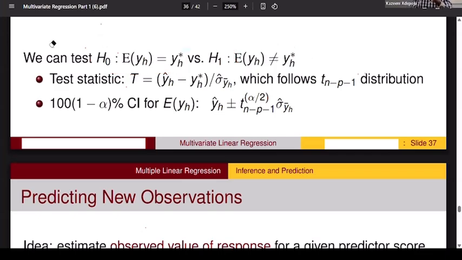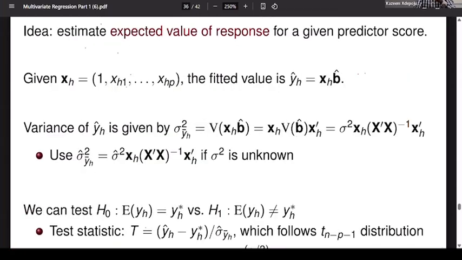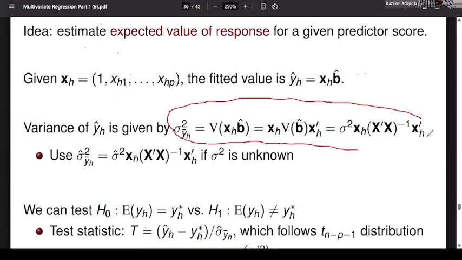Please pay attention. I'm going to conduct a t-test. Do you know what you have in the denominator? What you have in the denominator is the standard error of the prediction, which is the square root of this guy.